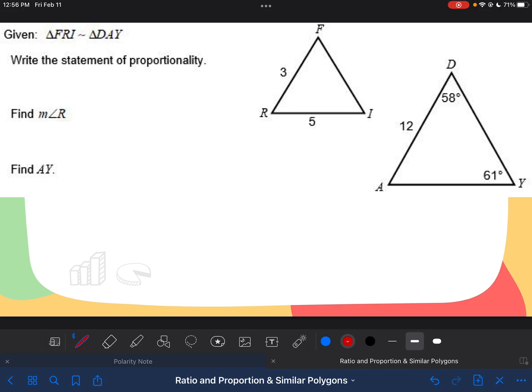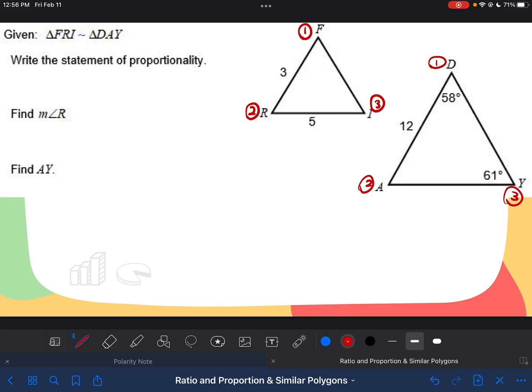So for example, let's see. In this case, it says FRI. So I'm going to put the numbers down to make it visible. RI. Next, we have DAR, IY.